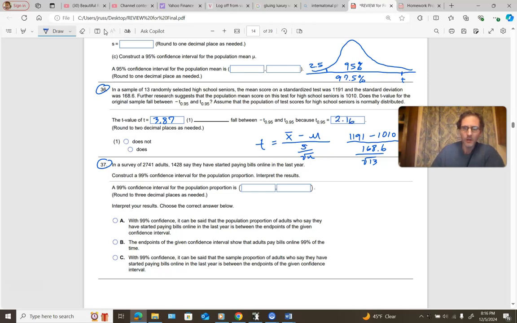Okay, but this first value, the t-value that's associated with this sample mean, it would fall outside of our 95% confidence interval because this value is greater than this critical t-value here, okay? So we're going to say does not fall between, this just means fall within a 95% confidence interval, okay?